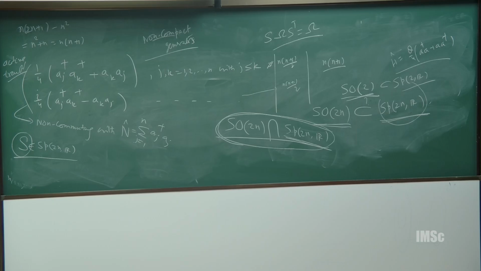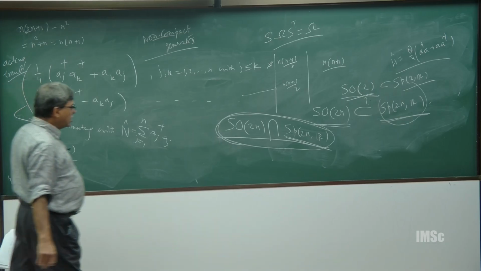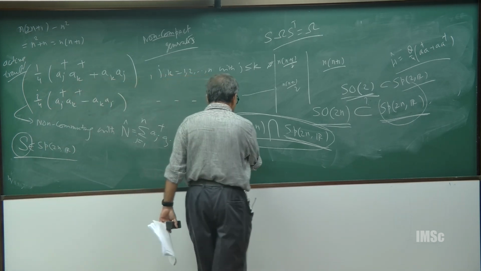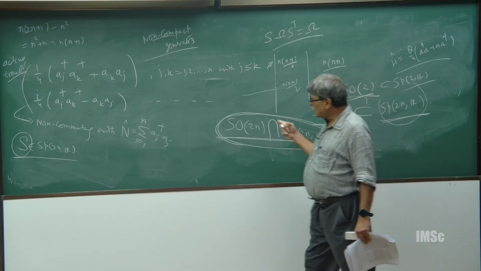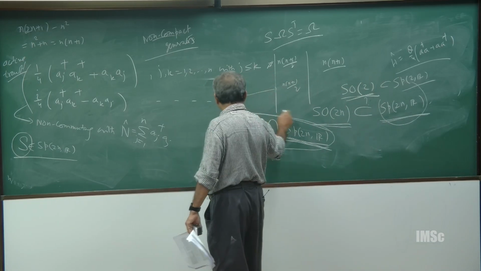This is important to get this Williamson's form. So this is why we will concentrate on this intersection, on the symplectic transformations from this intersection.